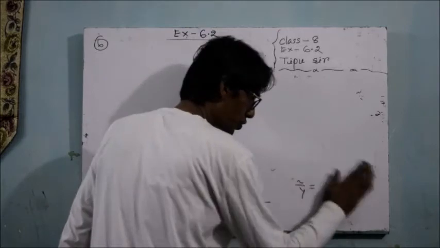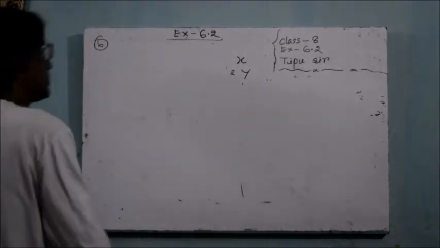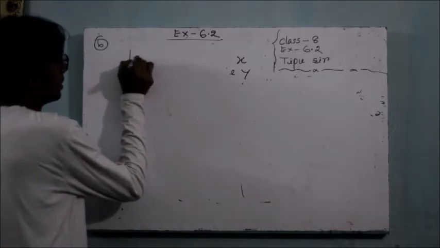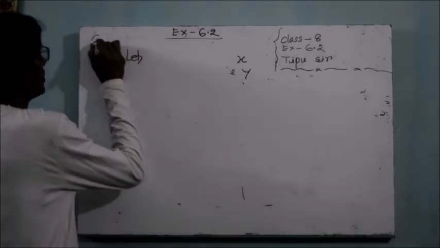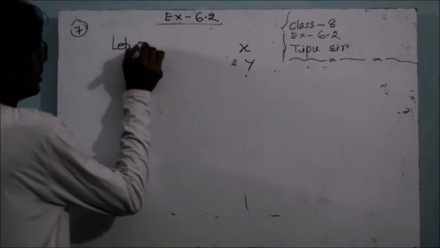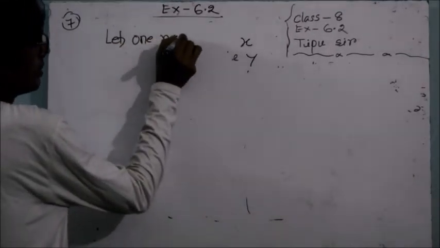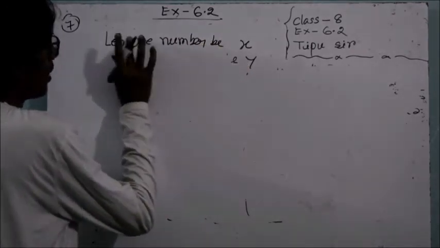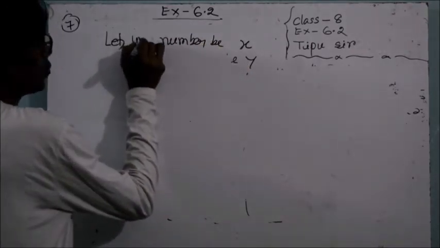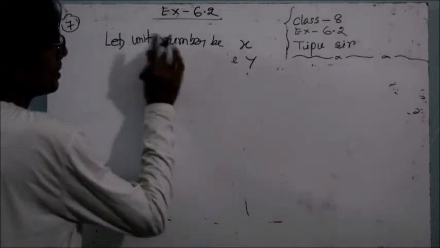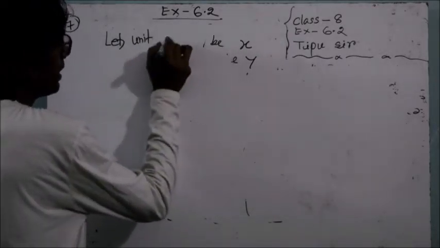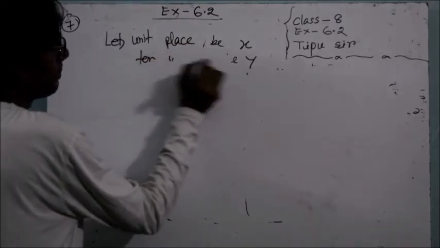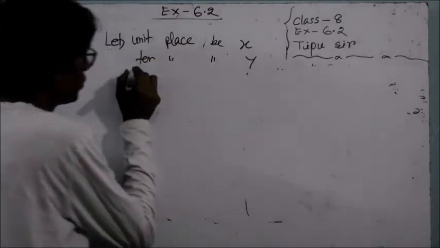Make two equations from the statement. Because it is a two-digit number, let the unit place be x and the tens place be y.